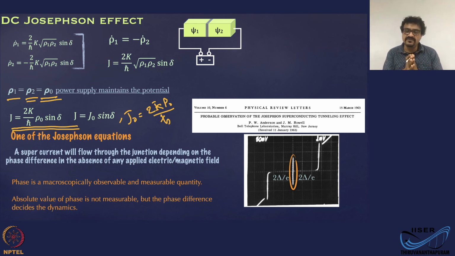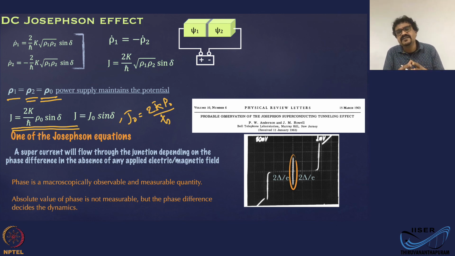That means you have a current flowing through, and that current does not depend on the voltage, because there is no voltage applied. If you just take 2 superconductors and put them together, what this equation is saying is that you will get a current, and that current is a function of the phase difference between the 2 sides, of the wave function.